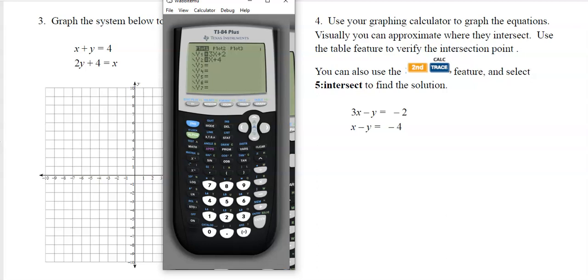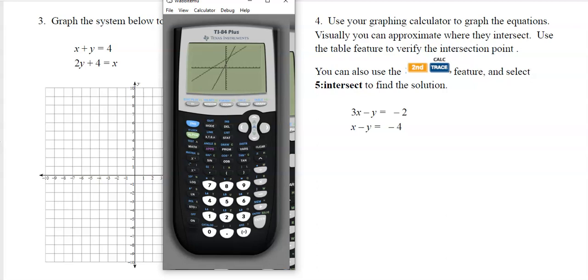And then when you go back down, make sure that it's not highlighted anymore. Oh, yeah. So now when you hit graph, it should look a little bit better. Instead of going into your window and having to set -10 to 10 by 1, you can just hit zoom standard, which is 6, and it'll just change it for you.